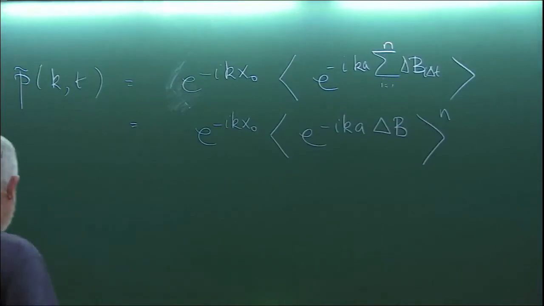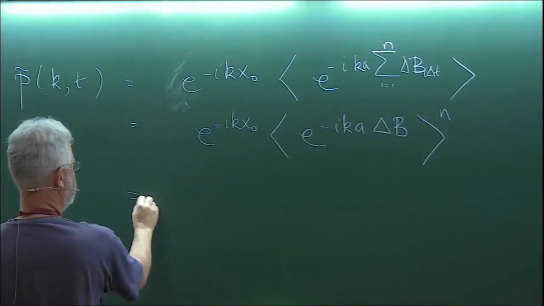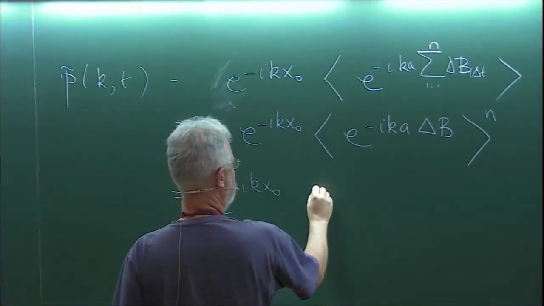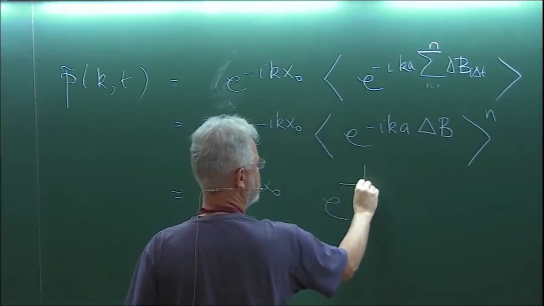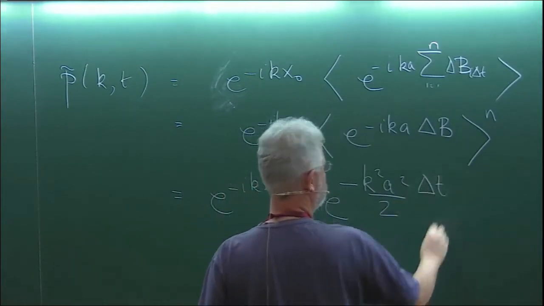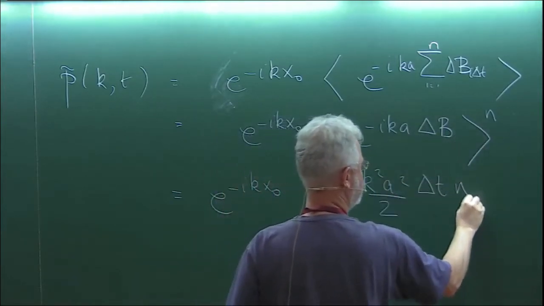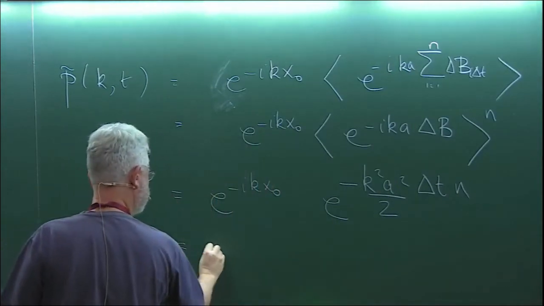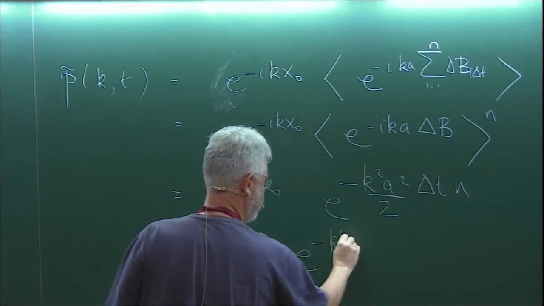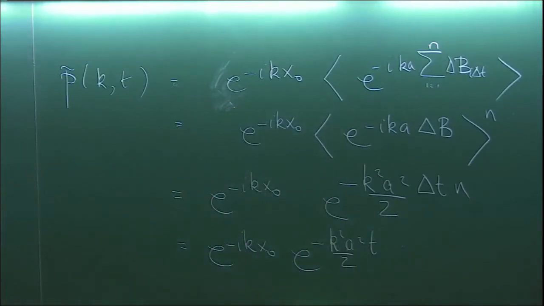If I just do the Gaussian integral here, you can check it, it's very easy to do, this is going to give me e to the minus ik x0 times e to the minus k squared a squared over 2 times delta t, and I've got a factor of n here, so I'm going to get just n times delta t, which is t.